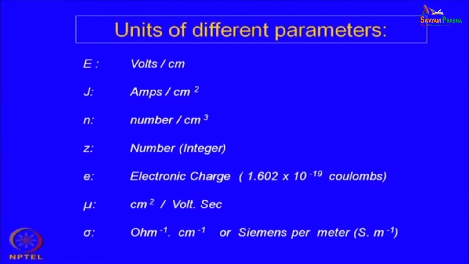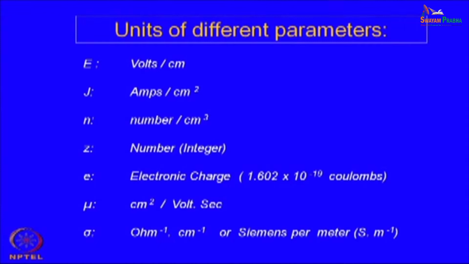N is the concentration, so the number per centimeter cube, or meter cube in different systems. Z is only an integer, the total number of electrons. It may be small numbers obviously, because there may be small electronic charges, either 1, 2, 3, 4 like that. E is the electronic charge, which is a constant, 1.602 into 10 to the minus 19 coulombs.